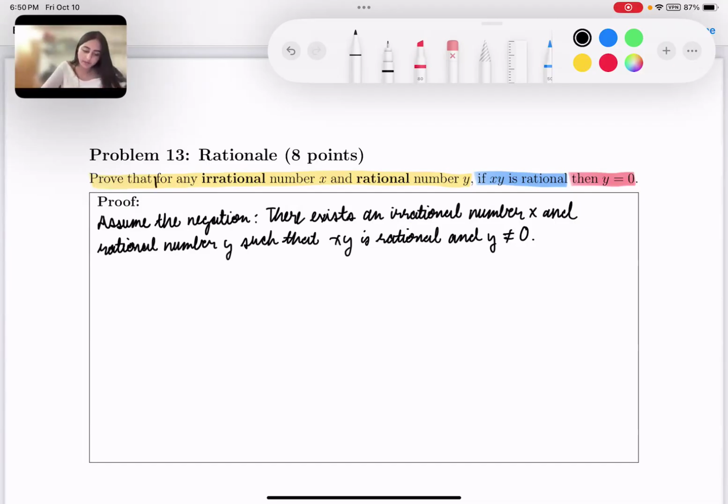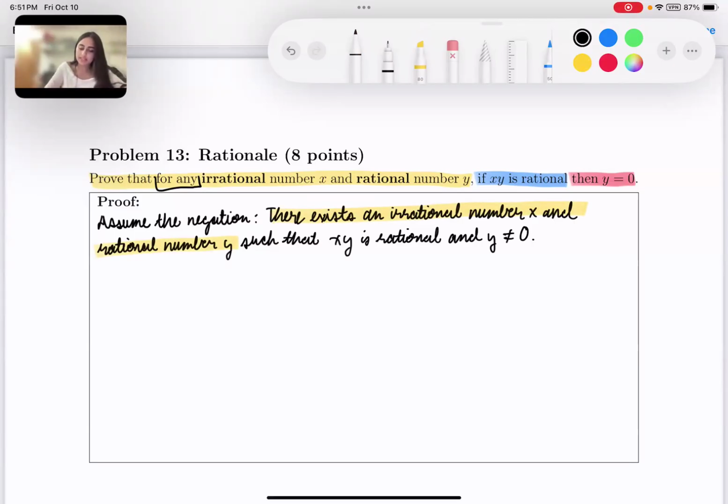The for any in this part should hint to us that we're talking about a for all quantifier, because this applies to any irrational number x and rational number y, and so therefore it applies to all of them. So negating a for all gives us a there exists. So we have there exists an irrational number x and rational number y.